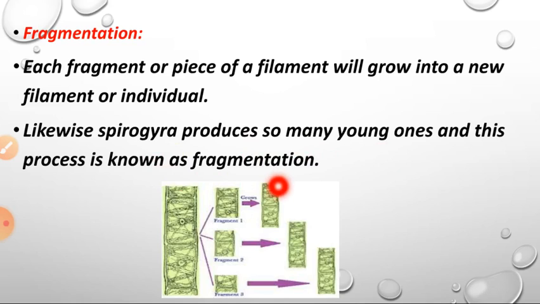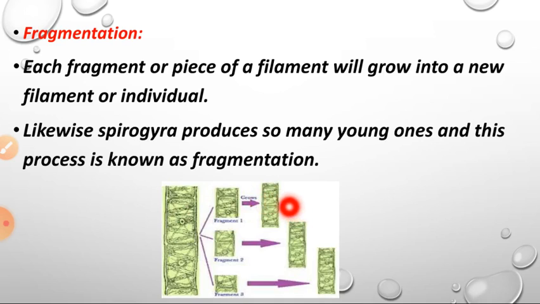So this is the parent plant, and each part of the Spirogyra is divided into many parts. Then after that, it grows as an adult part. So this is known as the fragmentation process.